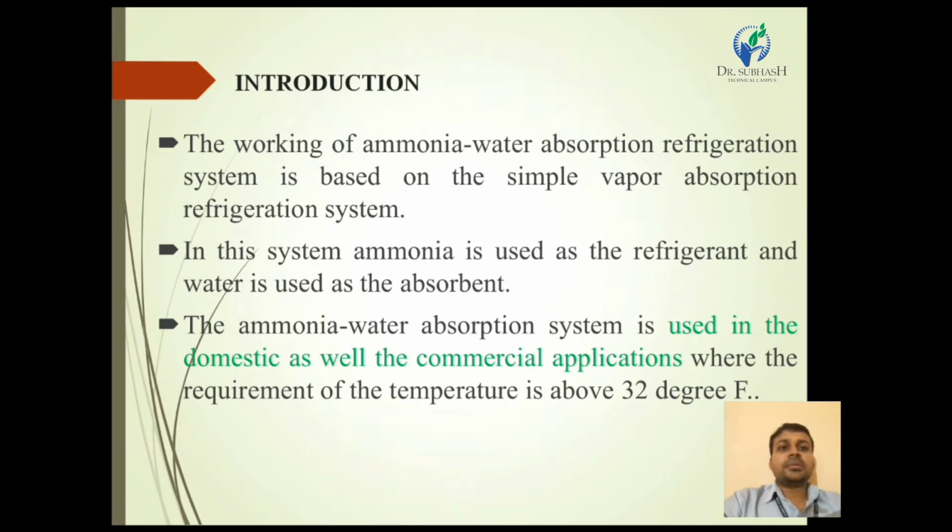The water ammonia absorption system is used in domestic as well as commercial applications, where the required temperature is above 32 degrees, converted to Fahrenheit. The required temperature for this cycle is 32 degrees centigrade.